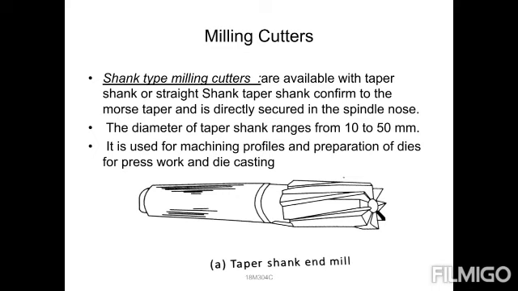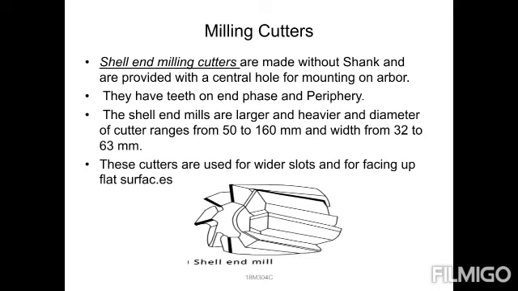The various types of end milling cutters are of two types: shank type and shell type. You can observe both types of cutters. Shank type of cutter means a shank is provided, right? Shank type milling cutters are available with a taper shank or straight shank. The taper shank conforms to the Morse taper and is directly secured to the spindle nose.